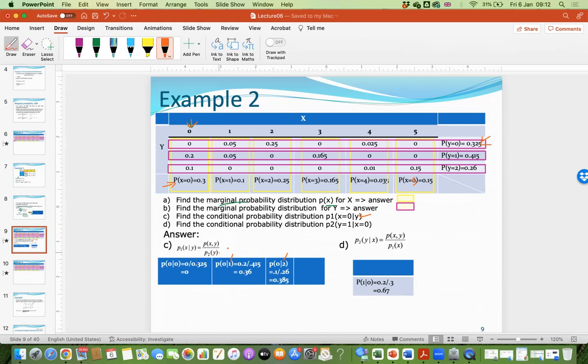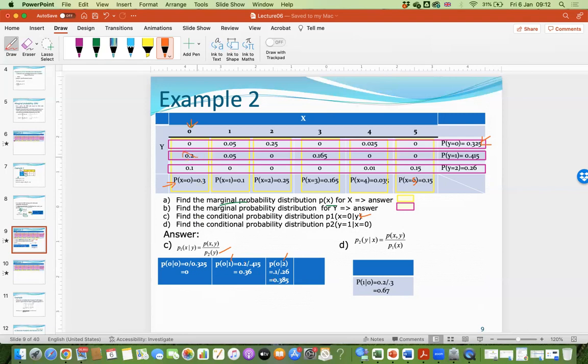Because this part is the marginal. Okay, and if you look at the equation, the C part, px equals to 0, y is 1, remember, it's 0.2.